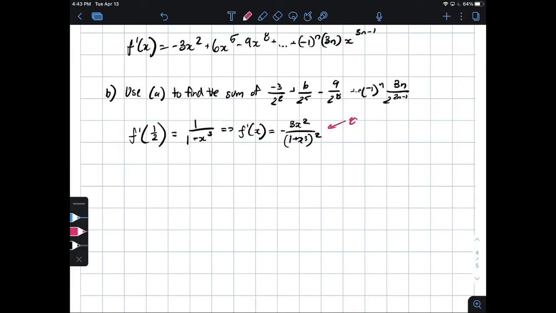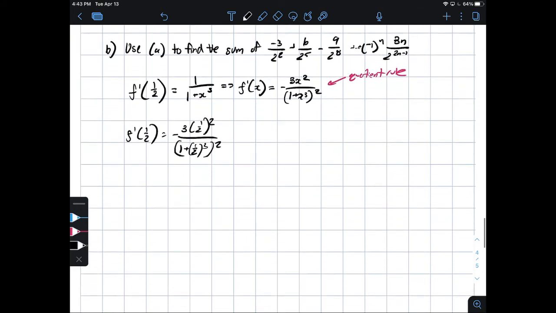I'm not going to do the derivative. So therefore, f prime of 1/2 would be negative 3 times 1/2 squared over 1 plus 1/2 cubed squared. And I'm not going to evaluate that, but that's the answer.